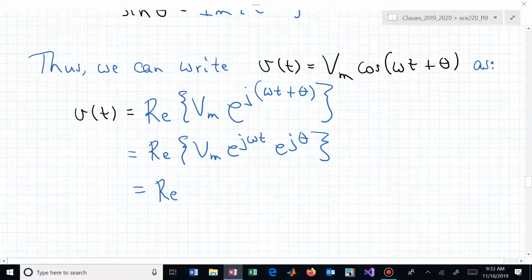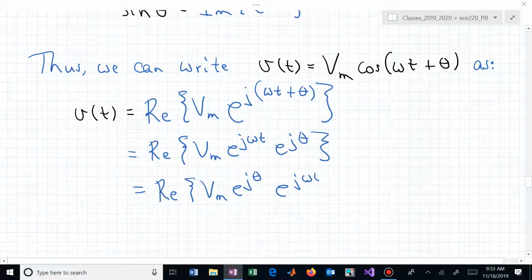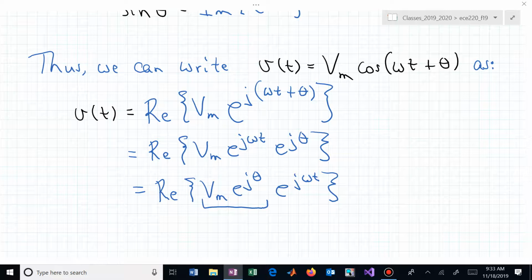We can now say that's the real part of v sub m e to the j theta e to the j omega t. And now we can rewrite that. That, in fact, is just a complex number. It's not time varying. The time varying part is in that complex exponential e to the j omega t. That's where t is floating around.